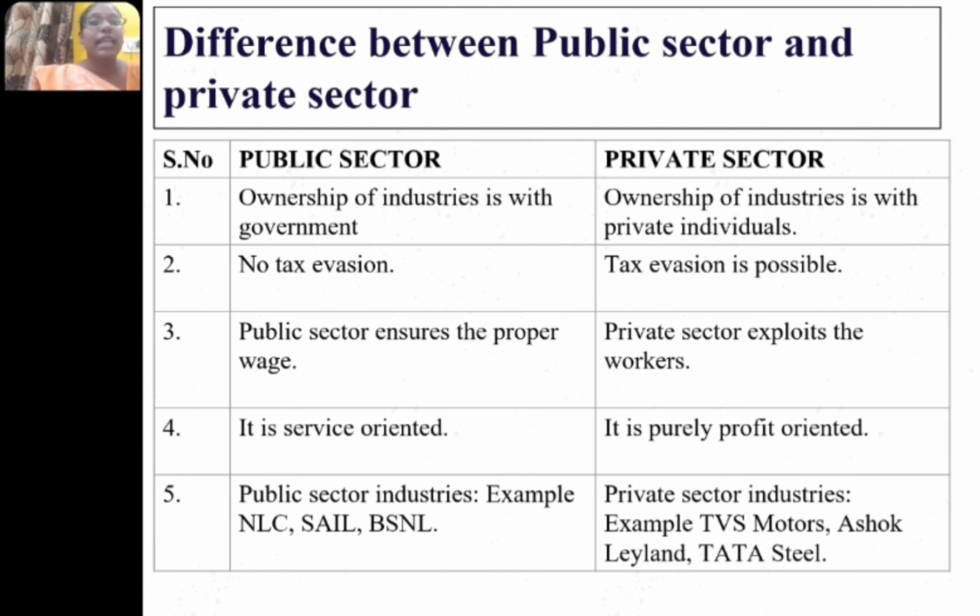In public sectors, there is no tax evasion. In private sectors, tax evasion is possible. Public sectors ensure proper wages. Private sectors exploit the workers. Public sector is service oriented. Private sector is purely profit oriented.